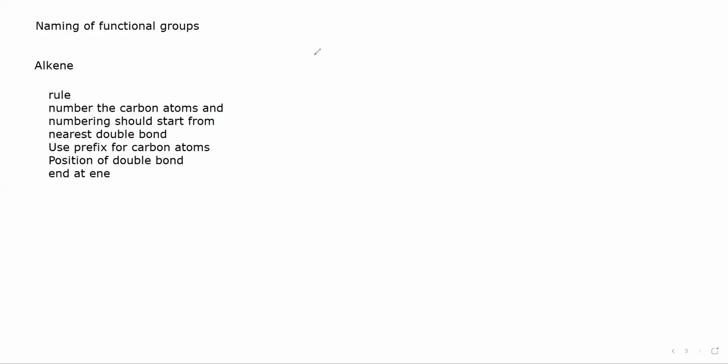For example, if I have a structure CH3, CH, double bond CH, then CH2, then CH3, and I have to name this alkene. First I number the carbon atoms, and numbering should start from the nearest double bond.